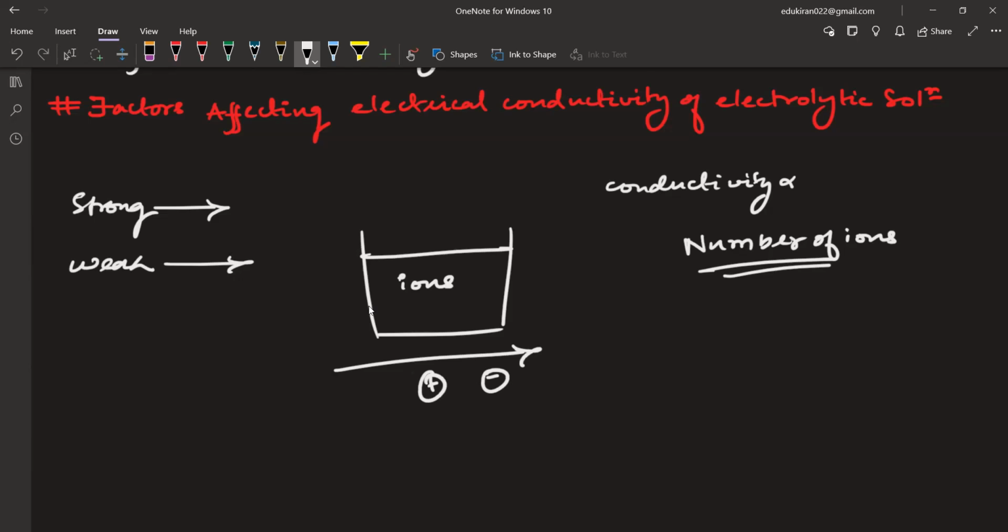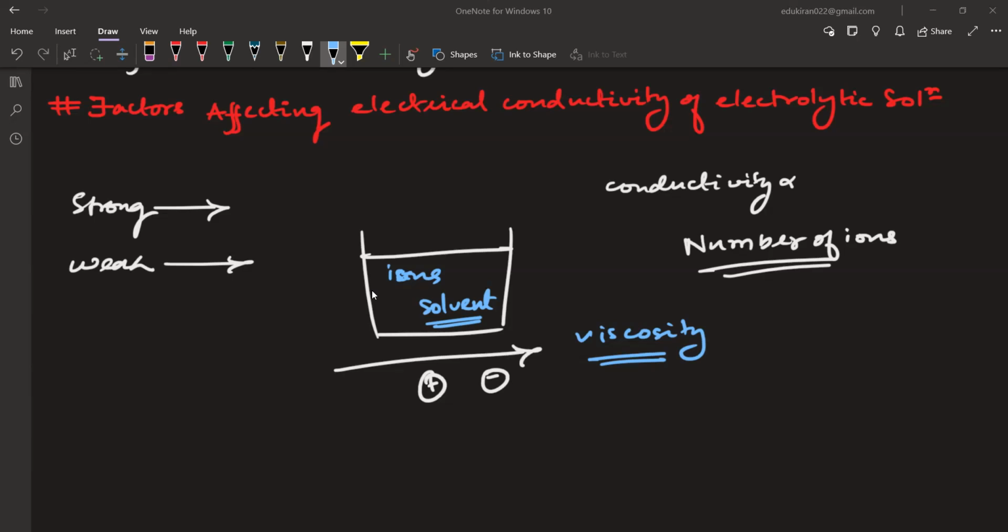After that, let us suppose we have a solvent with ions present inside it, and you know viscosity. Do you know what viscosity is? If I ask you which is more viscous, water or honey?